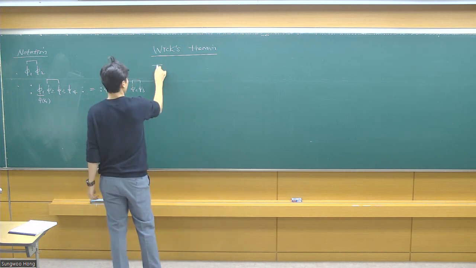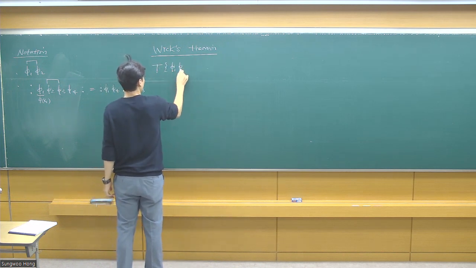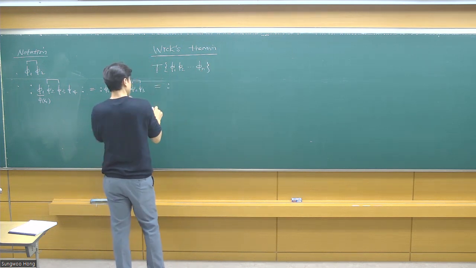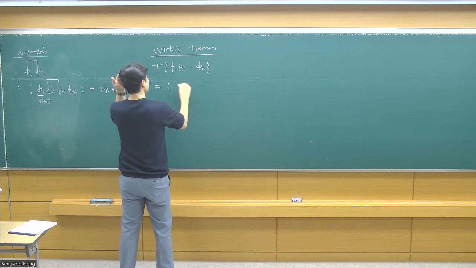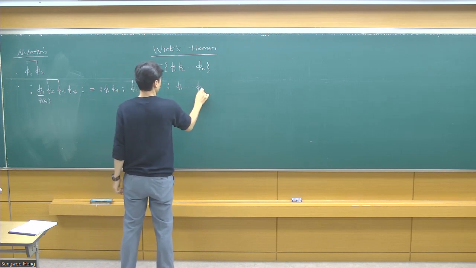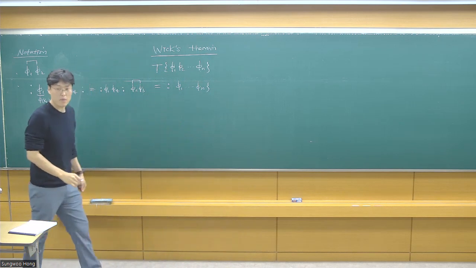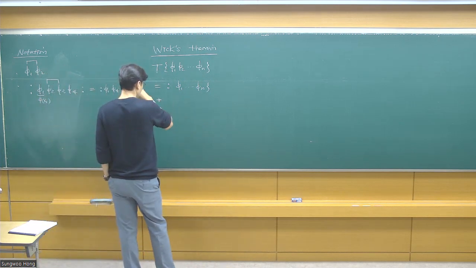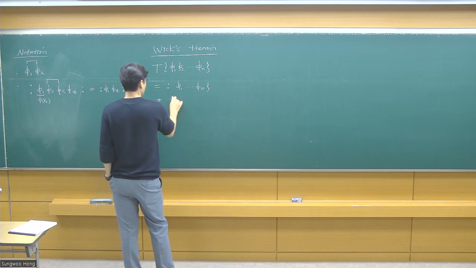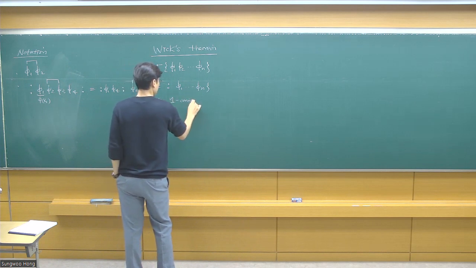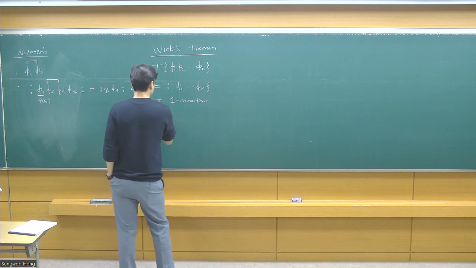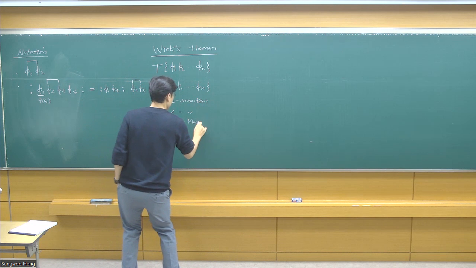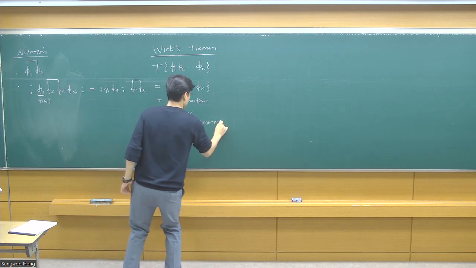So if you have a chain of time ordering, that is the same as, this can be written in terms of normal ordering, which I can write as, and then the rest. By rest, I mean the difference between time ordering and normal ordering, and that is the same as one contraction, two contractions, up to maximum contractions.